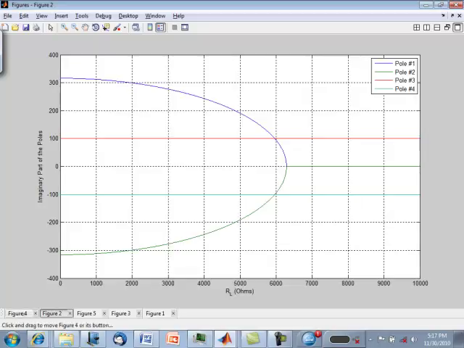In the module, you're asked to identify what range of RL gives you these two cosines. One is due to the source and one is a variable frequency cosine with a decaying exponential.